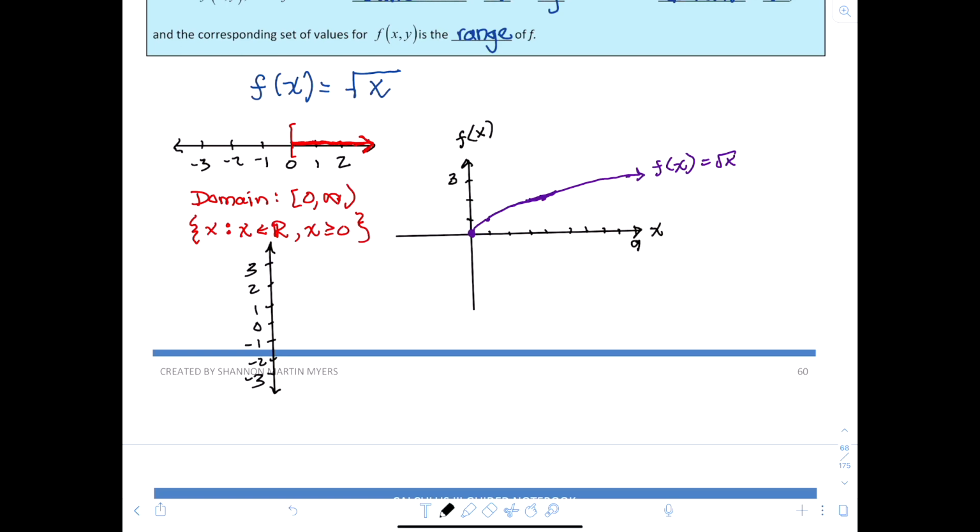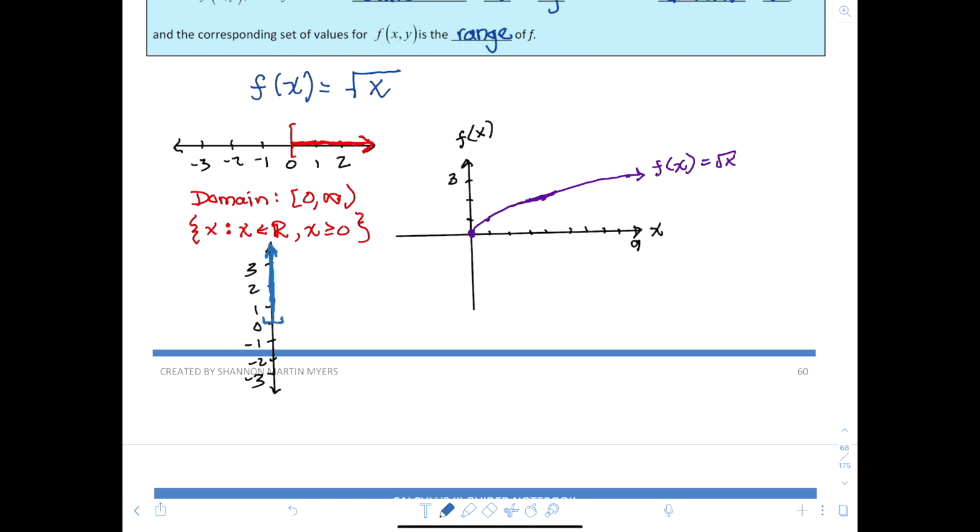So our range is starting at 0, right? So I'll do a bracket starting at 0. You could think of it as a closed circle, and then it's going up without bound, right? It doesn't increase really quickly, but it will increase without bound as we go infinitely to the right. So really, we don't have to do this vertically, but that kind of gives us a picture.